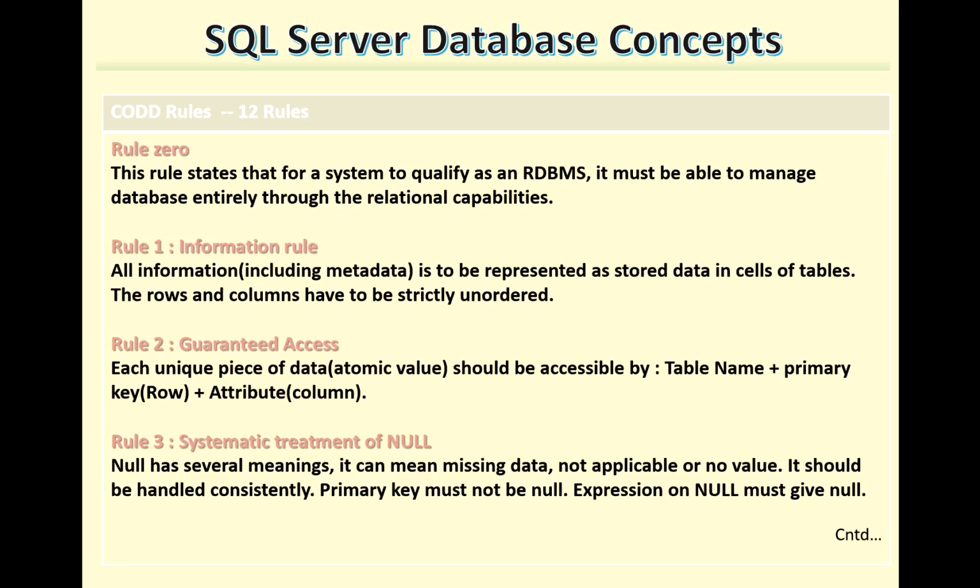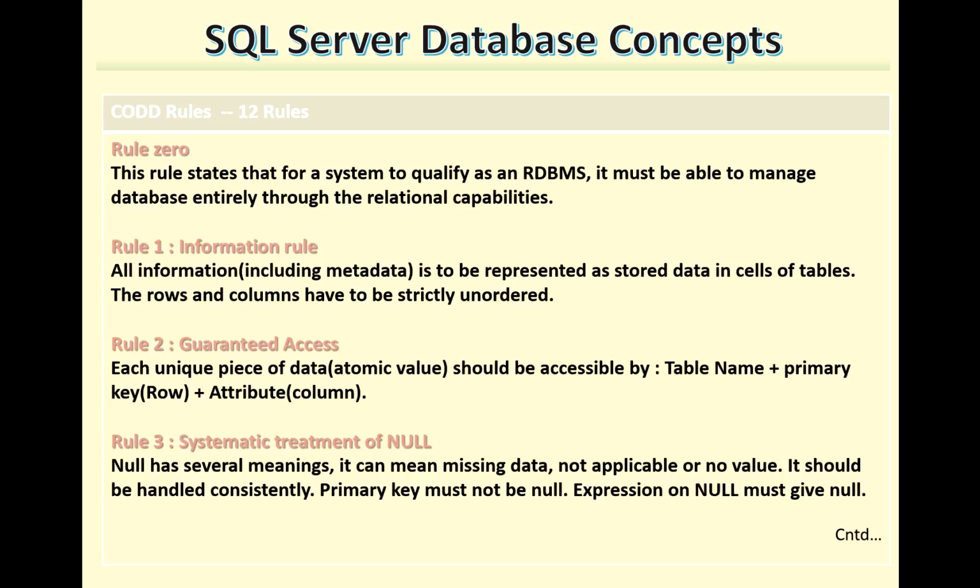That's what the third rule talks about: systematic treatment of null. Null has several meanings. It can mean missing data, that is, we haven't loaded the data, or data is not applicable. In this case, maybe that person doesn't have a middle name, or it has no value.